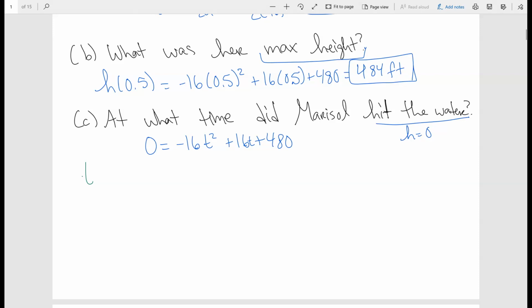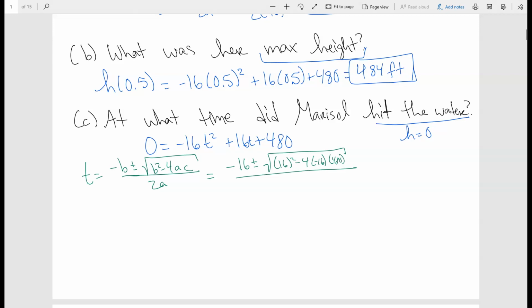So we're going to say t is equal to negative b plus or minus square root b squared minus 4ac, divided by 2a. So here we're going to have negative 16 plus or minus the square root of 16 squared minus 4a, which is negative 16, and then you have 480, divided by 2 times a, which is going to be this negative 16 again.